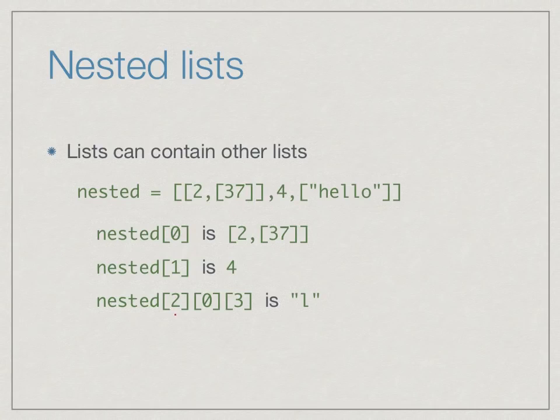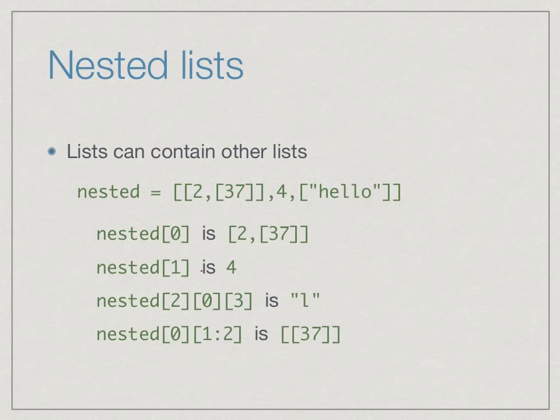And now if we look at position 2, which is this list, then in that we look at the 0th position, which is this string. And in that we look for the third character, which is 0, 1, 2, 3, this L. Right? So nested[2] takes us to the last value in the list nested. In that we look at position 0, which is the first value in that list. And in that we look at position 3, which is the third character in the sequence contained in that position. And we get the character L, or the string L actually.